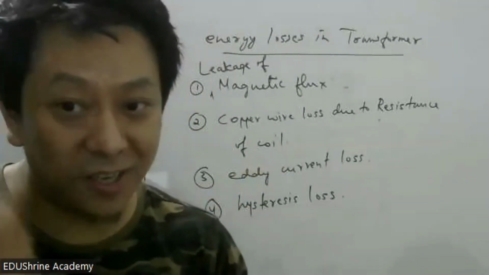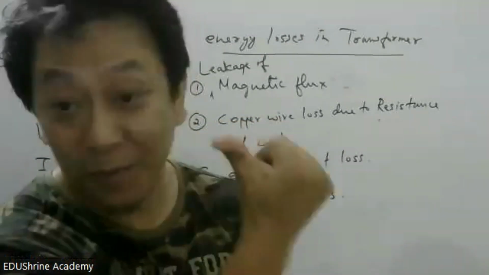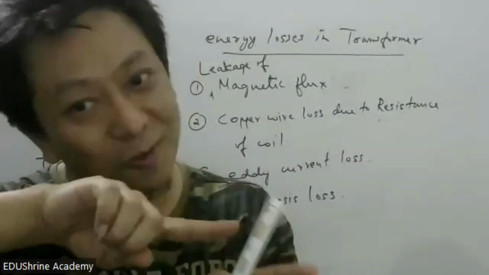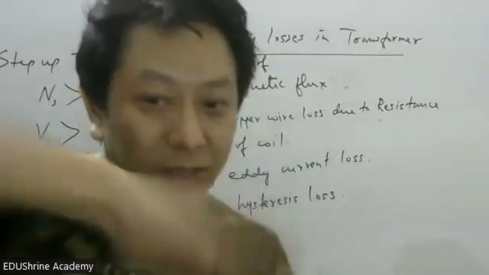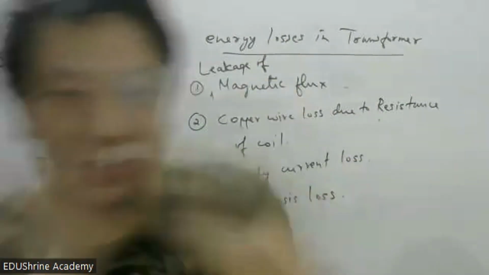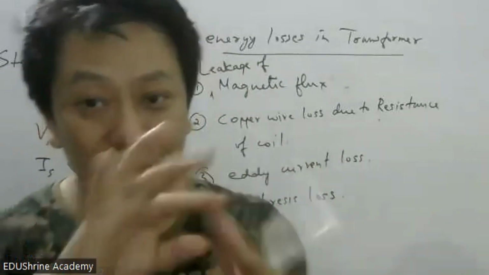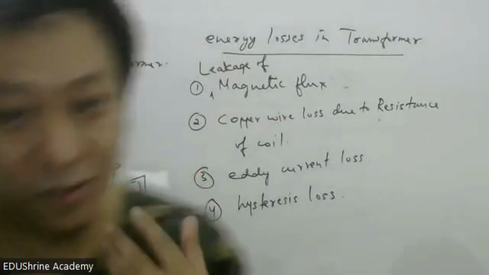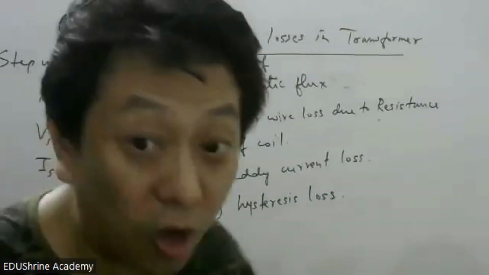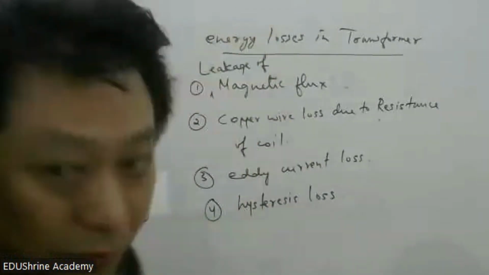The moment current changes direction, the magnetic field will be this way, so now your dipoles will try to turn this way. As current keeps alternating, those dipoles keep fluctuating this way, this way, this way. This random movement inside the material results again in heat. So that is called hysteresis loss. So these are the 4 losses.